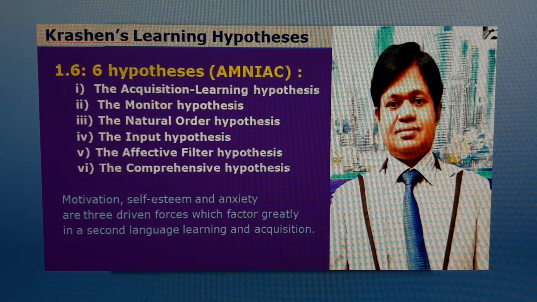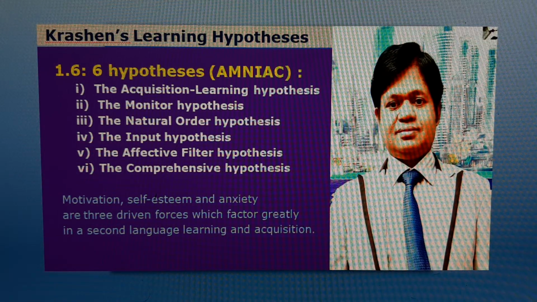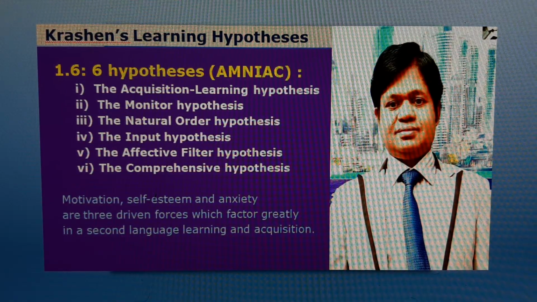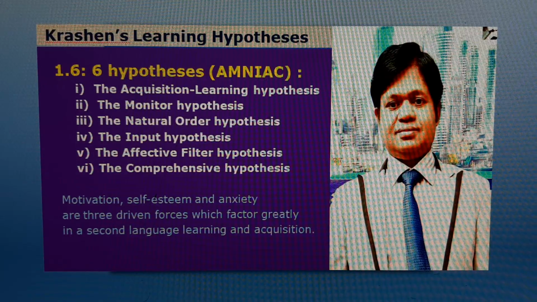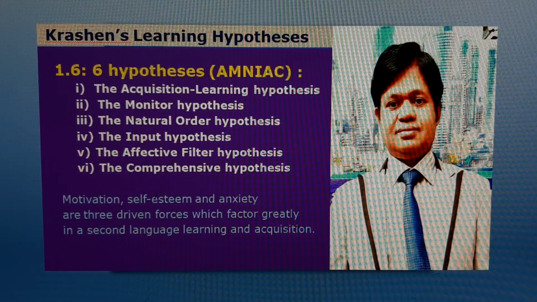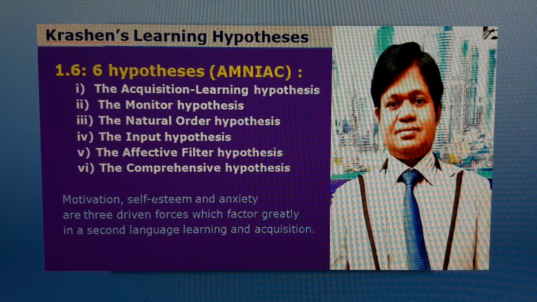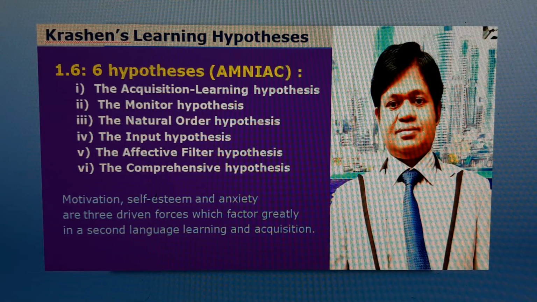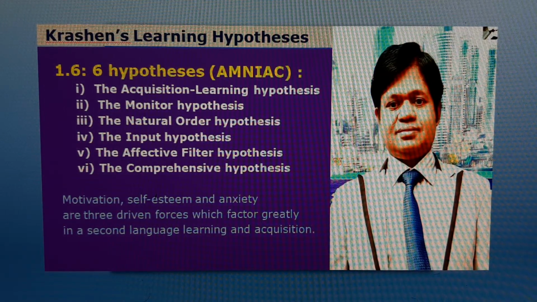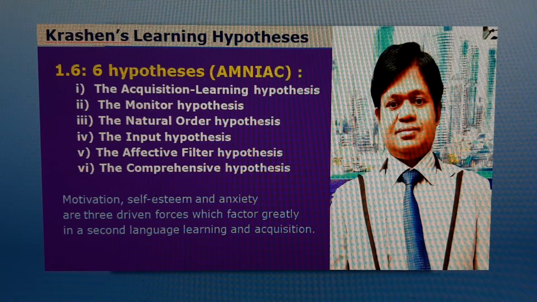Krashen also suggests that there is individual variation among language learners with regard to monitor use. He distinguishes those learners into three categories. Number one, those that use the monitor all the time are overusers. Number two, those learners who have not learned or who prefer not to use their conscious knowledge are underusers.